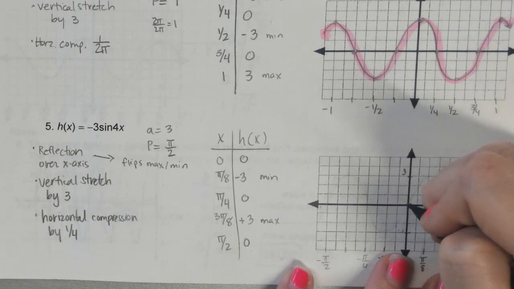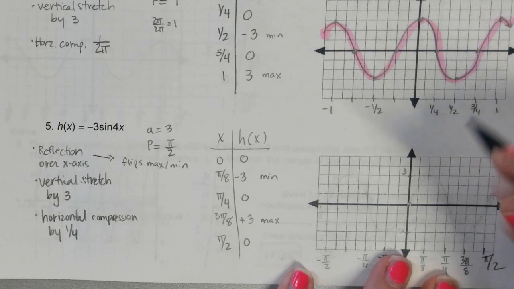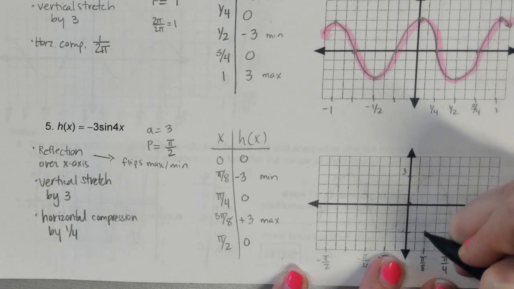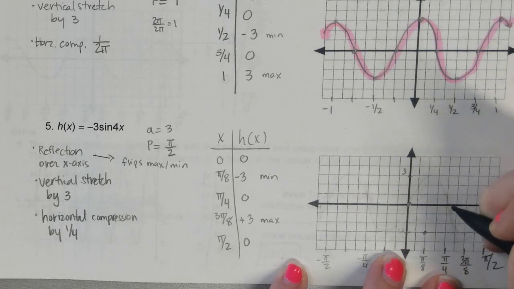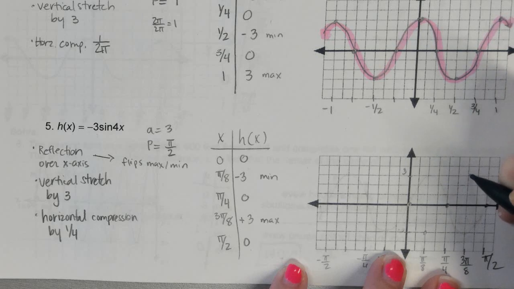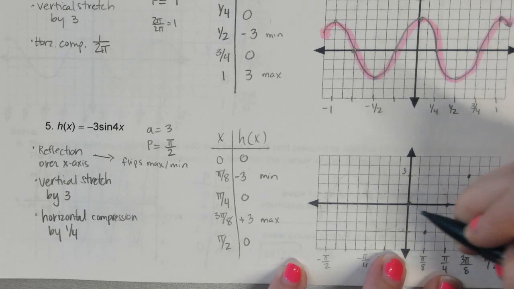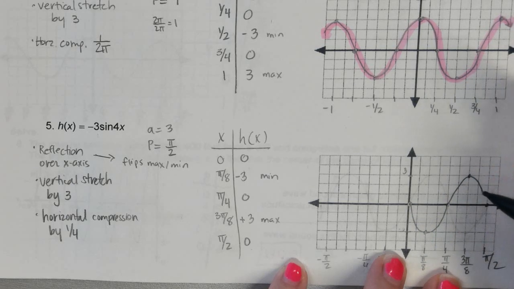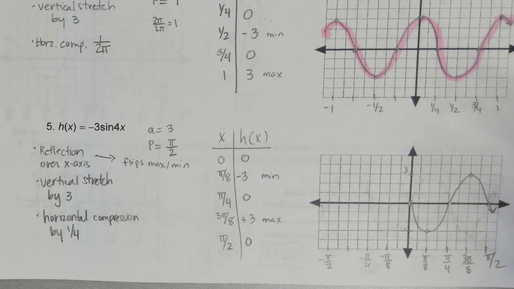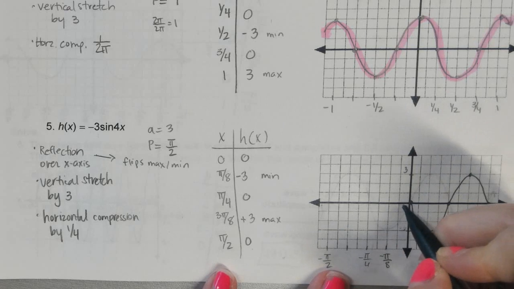Okay, so you're still going to start at 0, 0, but at pi over 8, you're going to be at negative 3. Oh, and I like to do the start, the end, the middle, and then up. Okay, and then I just follow the pattern from there.